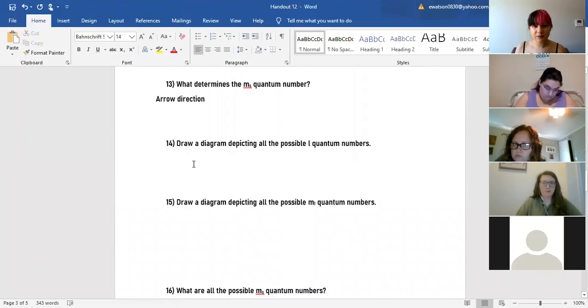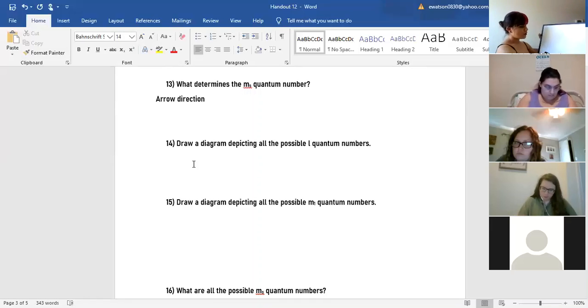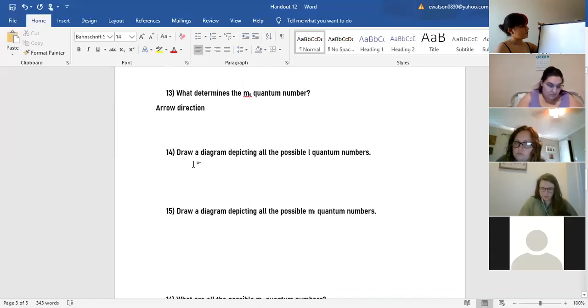So draw a diagram depicting all the possible L quantum numbers. So here's how I'm going to do that. L quantum numbers are based on what again? The orbital shape.